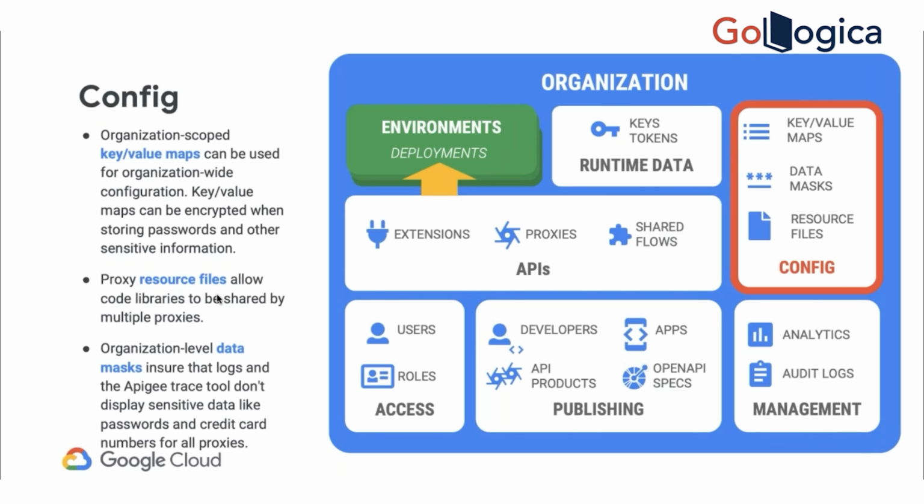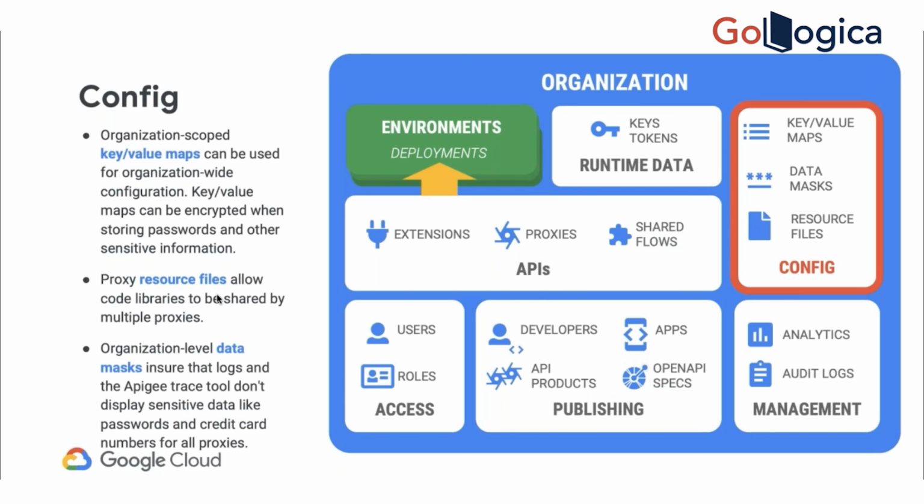Then you can also create an org level data mask. A data mask is to hide sensitive data. In there you can have the organization level configuration. For example, if you are working on payments or banking, you know that credit cards might come, and you know that the field name will be this every place.